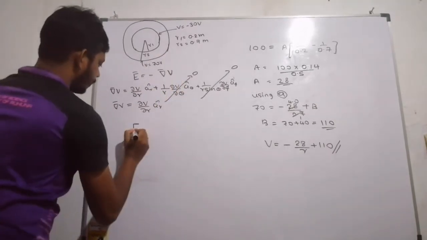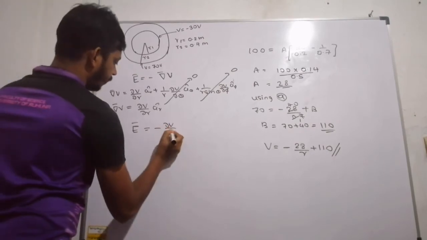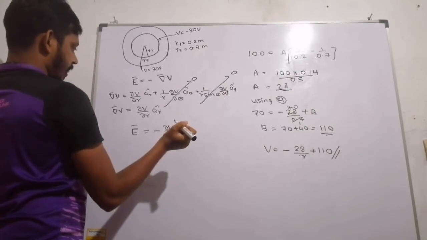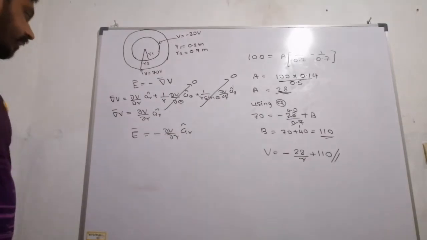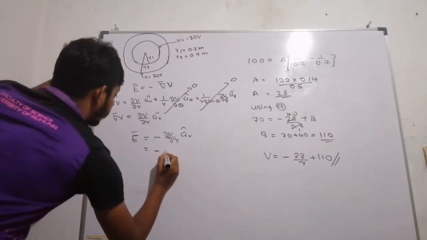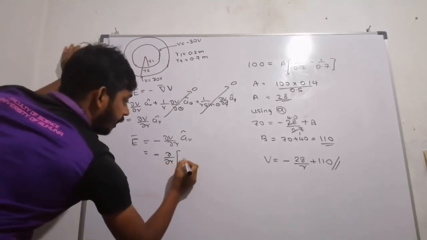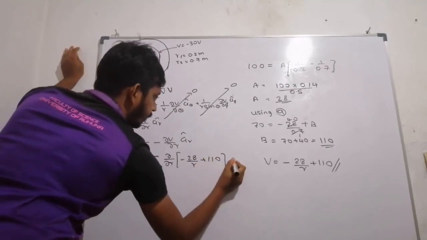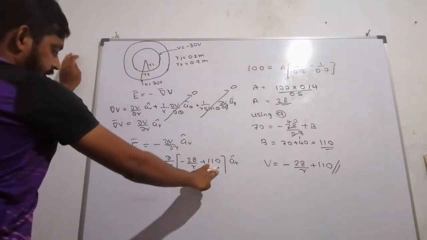Using this equation, E equals minus d over dR of minus 28 over R plus 110, in the R direction. Okay, this 110 is a constant.